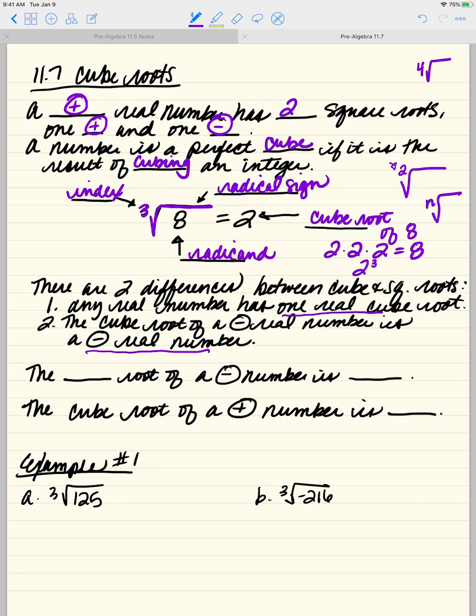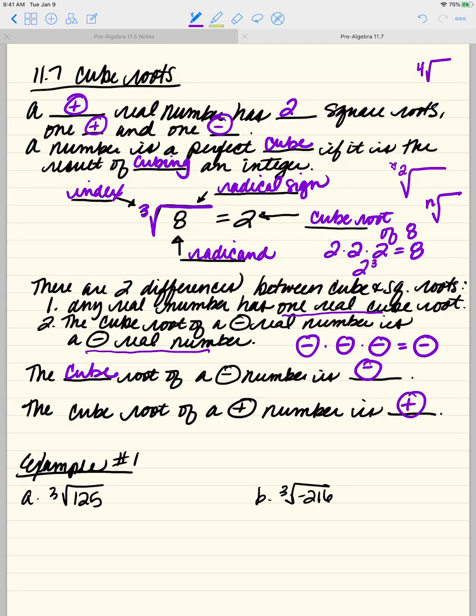Remember, we cannot take a square root of a negative real number, but we can take a cube root of a negative real number, because if we go negative times negative times negative, we end up with negative. Okay, so the cube root of a negative number is negative. The cube root of a positive number, okay, is positive.